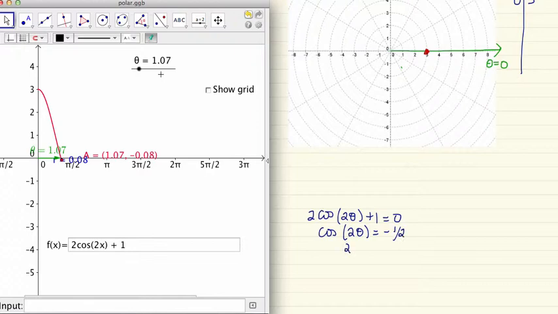So let's see, what angles have a cosine equal to minus a half? There's one in the second quadrant, which would be 2 pi over 3, and one in the third quadrant, which would be 4 pi over 3. And that means theta is half, so pi over 3 and 2 pi over 3. So those are definite points that I want on my list.